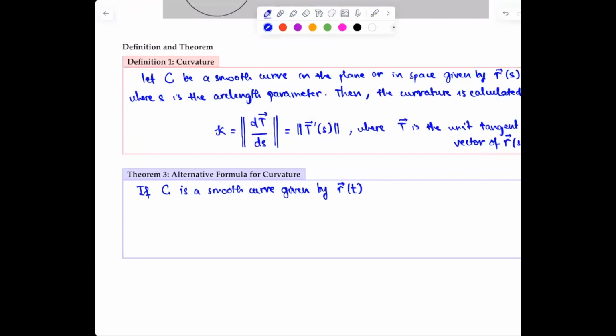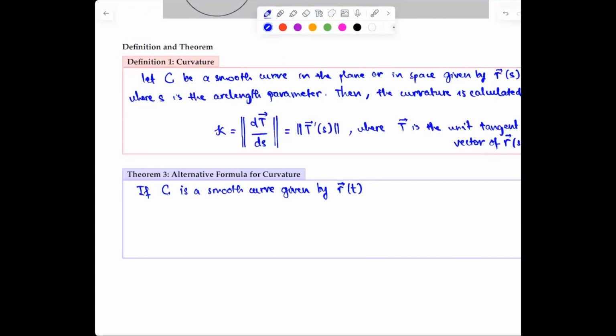You're going to go back and forth between s and t a lot here. The definition is because the curvature measures how quickly the tangent vector turns per unit length, so that's why you have r of s.